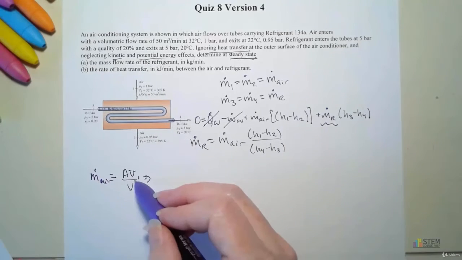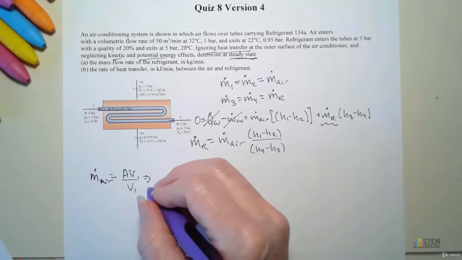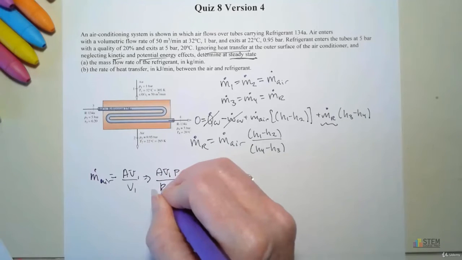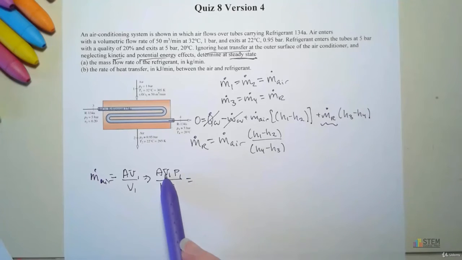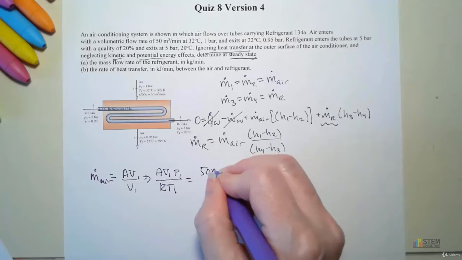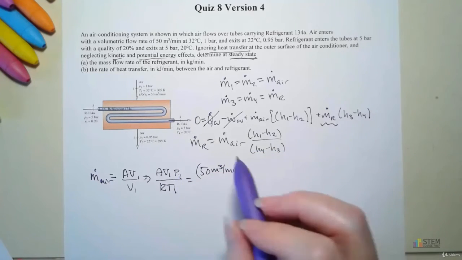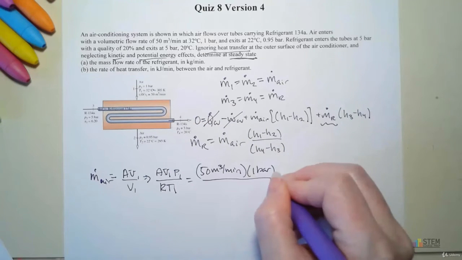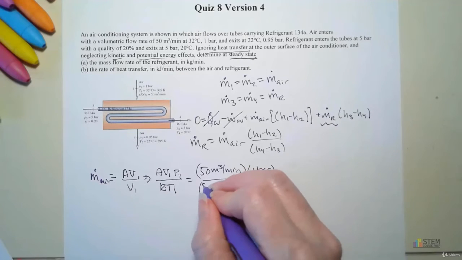Now with this, we can use the ideal gas, and we can rewrite that as AV1 times pressure 1 over R times T1. Now AV1 was given, that was 50 cubic meters per minute. So we have that, and then P1 is our pressure, that's 1 bar. And then we want R times T1.